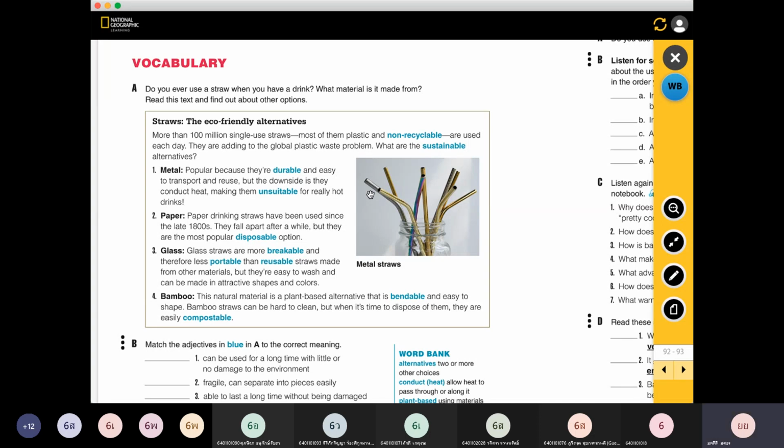Okay, as you can see in the text, when it comes to environmentally friendly alternatives, each alternative has different properties.